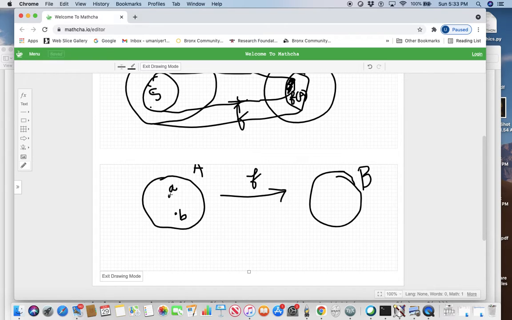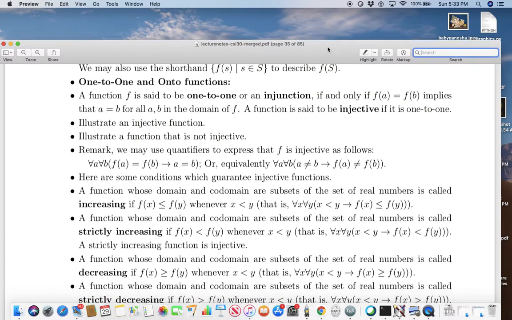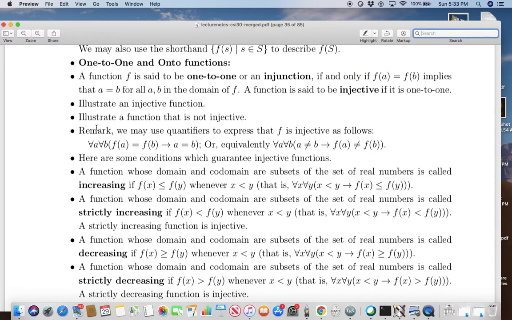An injective function says if a and b are different, then their images have to be different. That is, if a goes here, then b cannot go to the same position. It has to go somewhere else. For every pair, their images have to be distinct. That's an injective function.